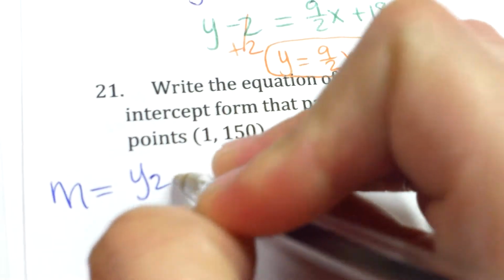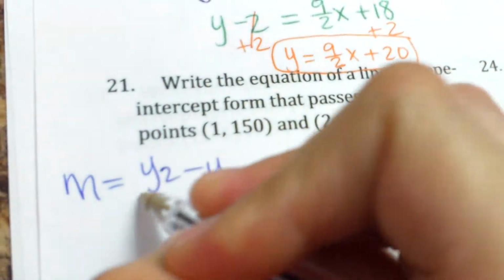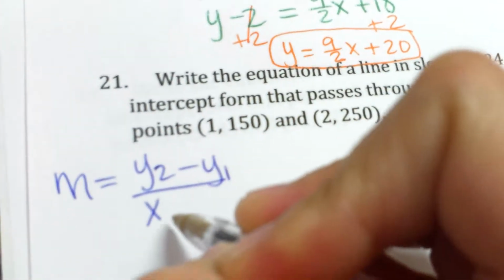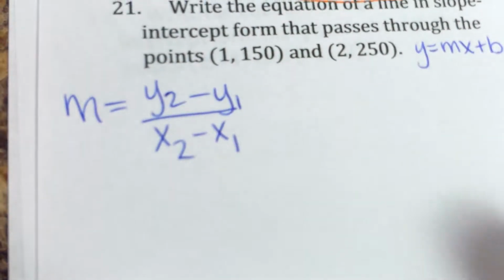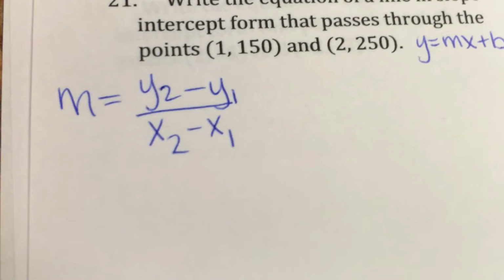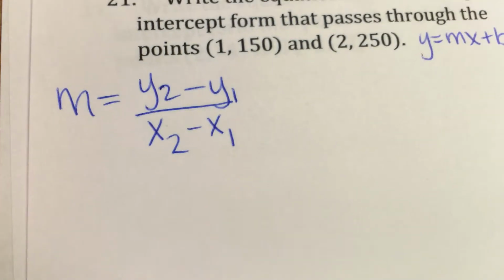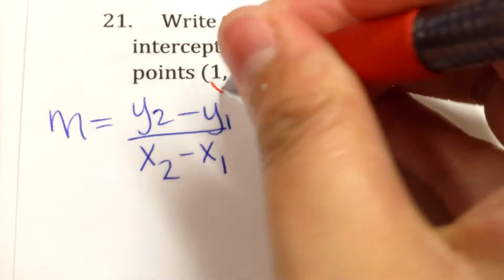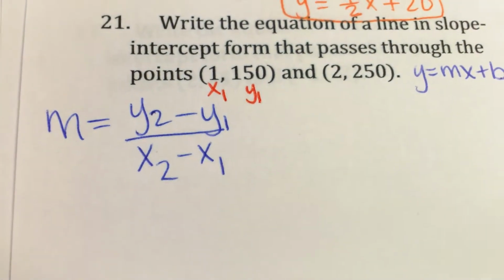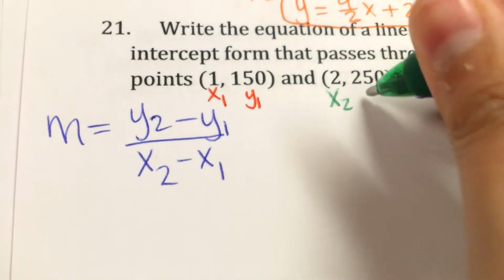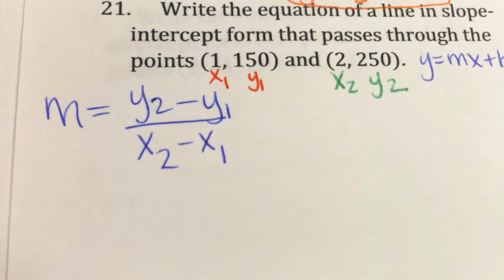Okay, so m equals y2 minus y1 over x2 minus x1. And let's go ahead and label our points. So we will say this is x1, y1 because that's our first point, and we're going to label this one x2, y2 because that's our second point.